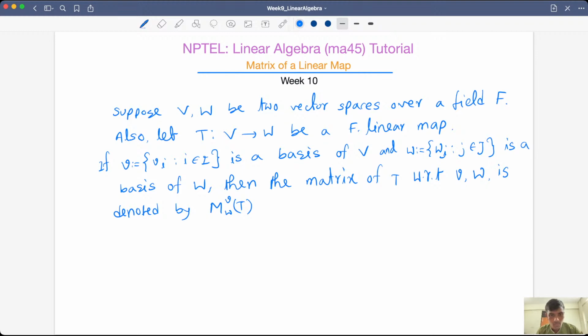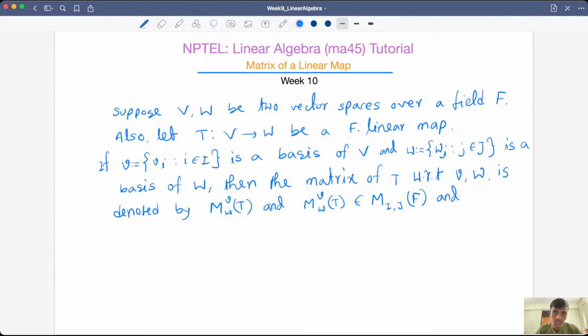M_VW(T) belongs to the matrices of order I by J over F.